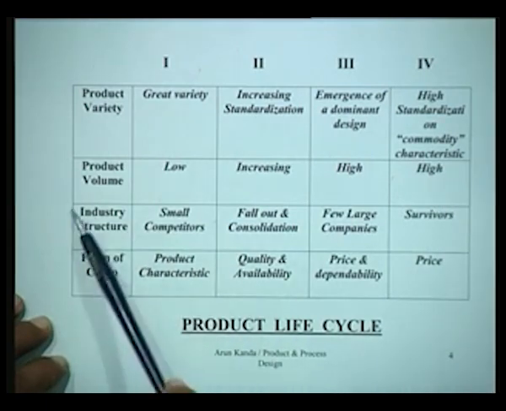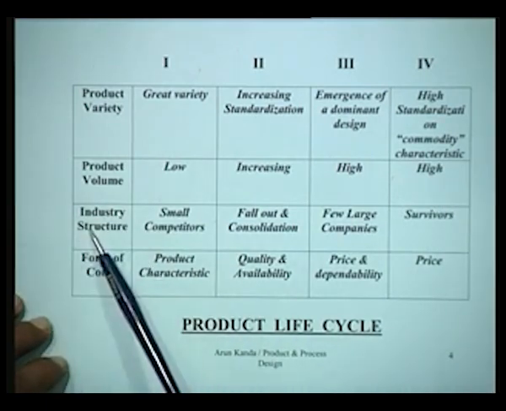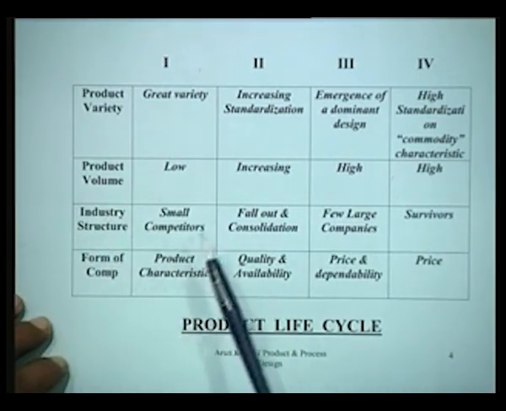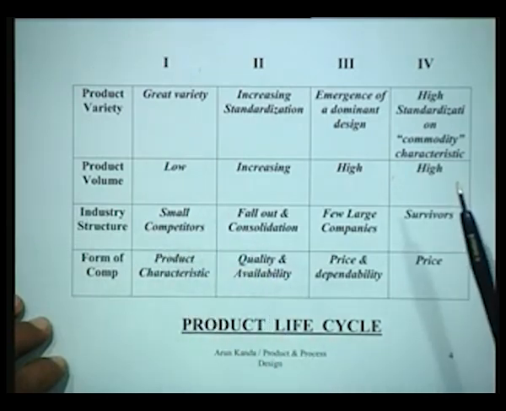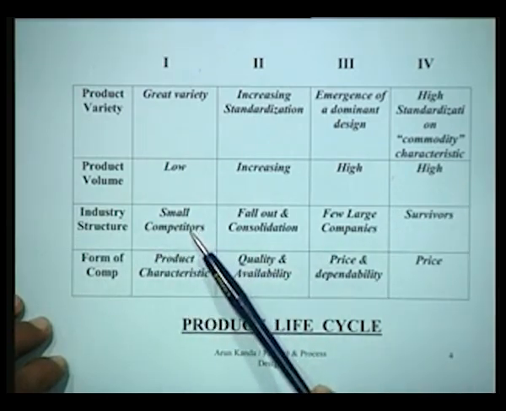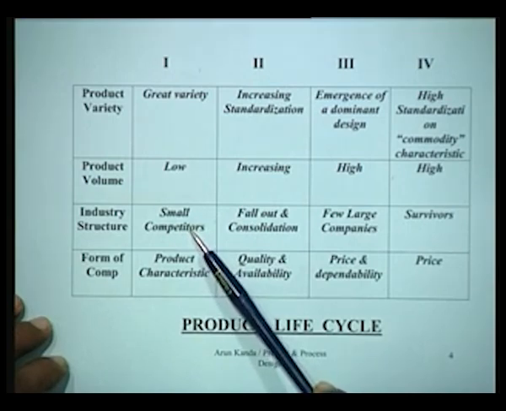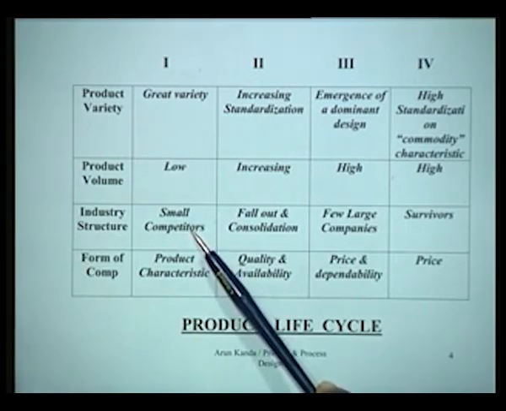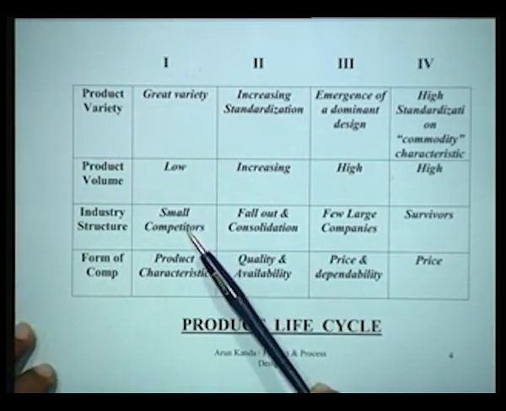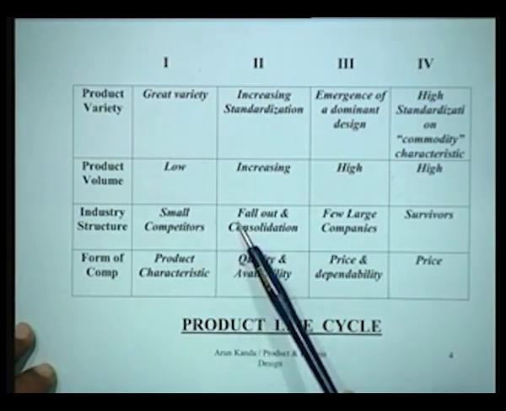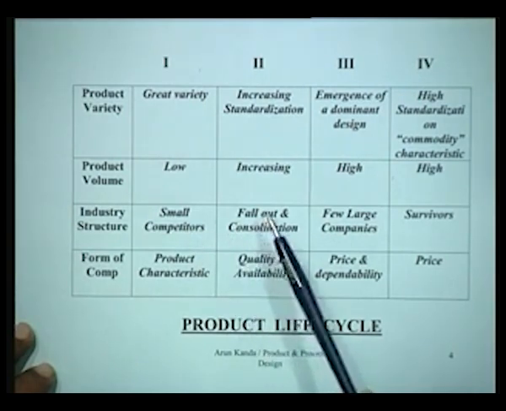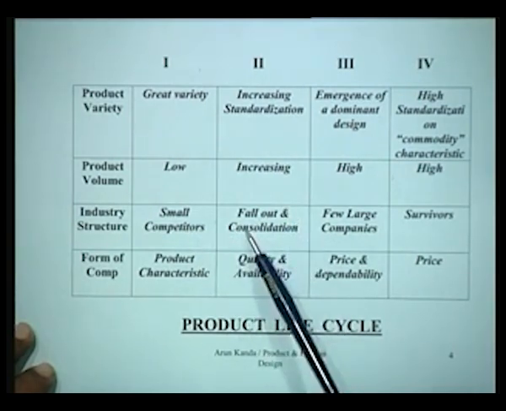Let's see what the industry structure is. Industry structure means looking at the entire set of people who are manufacturing that particular product. Normally, when the product is introduced, a large number of small competitors come on the scene to manufacture the product. As the product sales grow, there is a fallout and a consolidation.